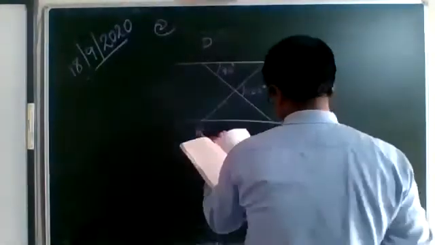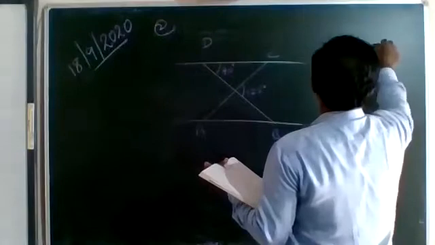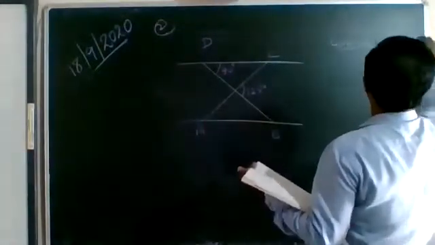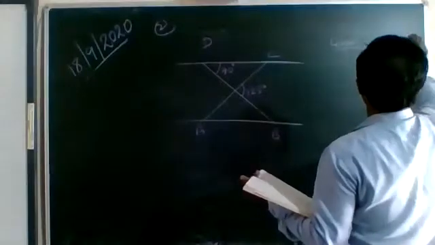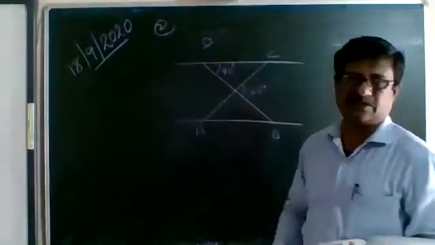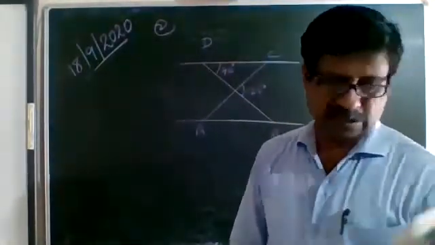Here the question is, triangle ODC is similar to triangle OBA. Both these triangles are given similar. The names of the triangles are written in the same order.